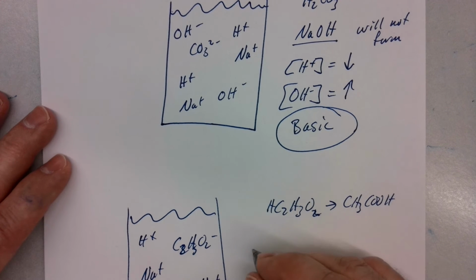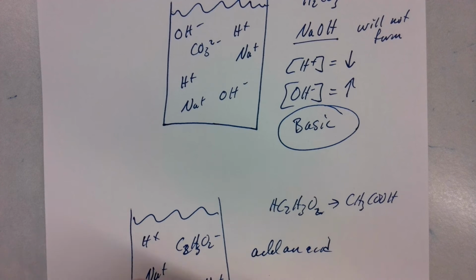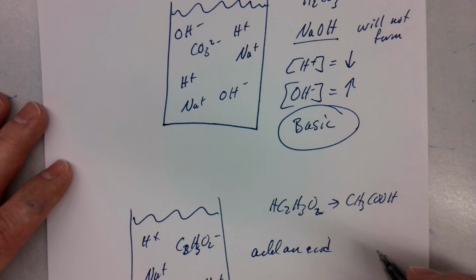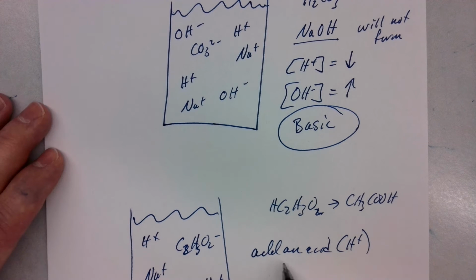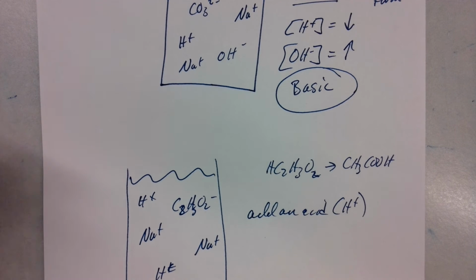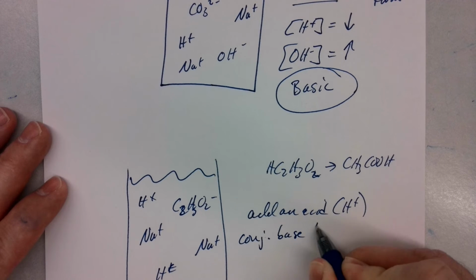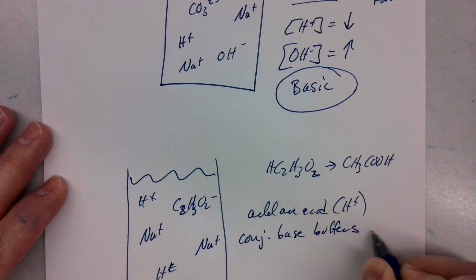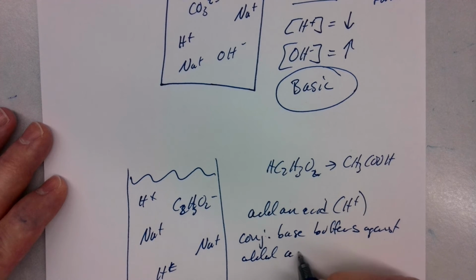So when you add an acid to this, what I'm really worried about is that I'm adding H positives, right? Which one of these things is going to buffer against the H positive? The conjugate base, right? So all I need to understand is that the conjugate base buffers against added acid.